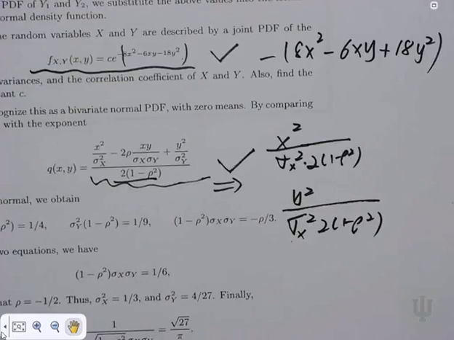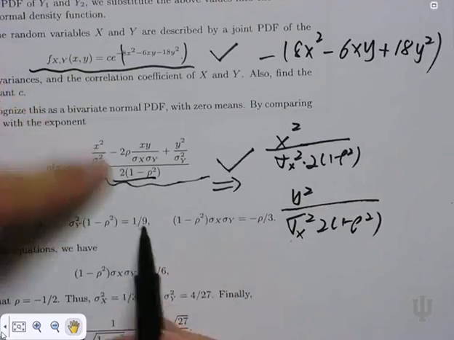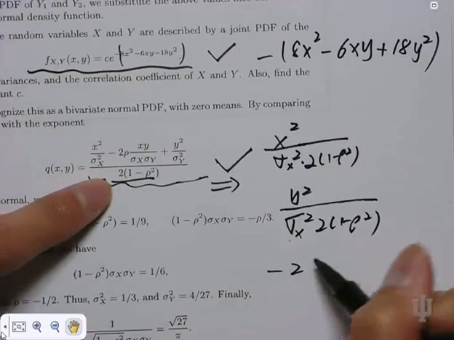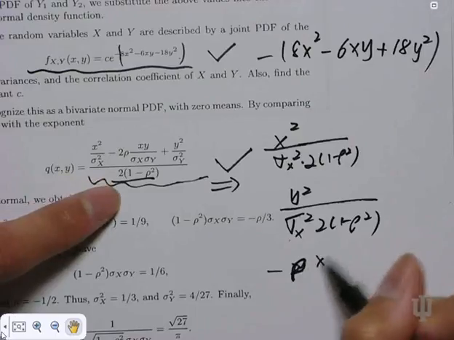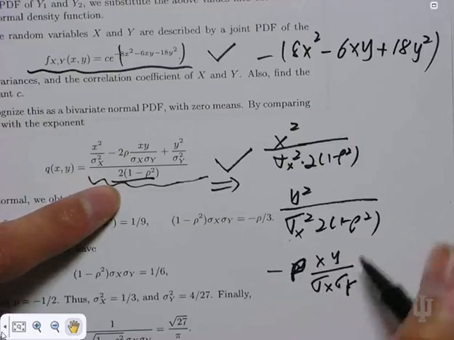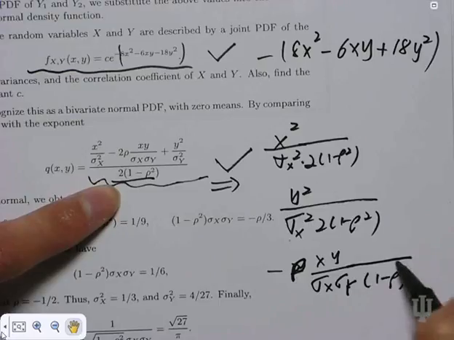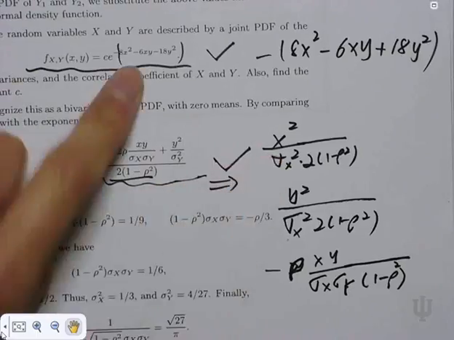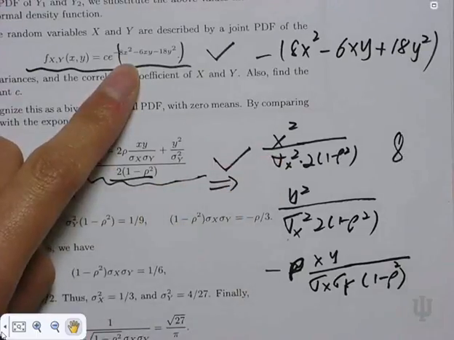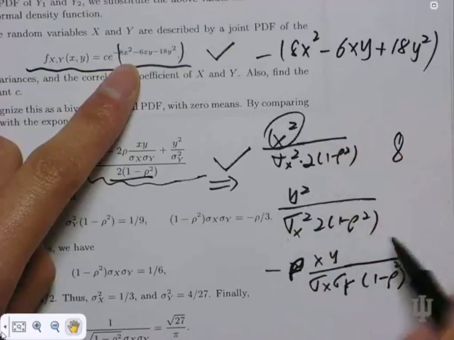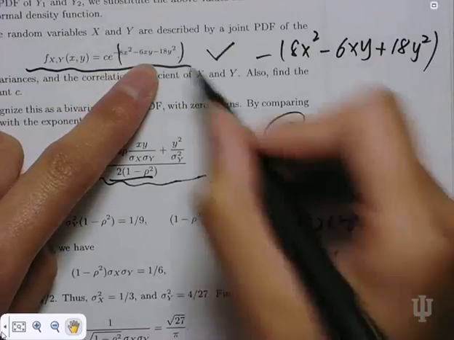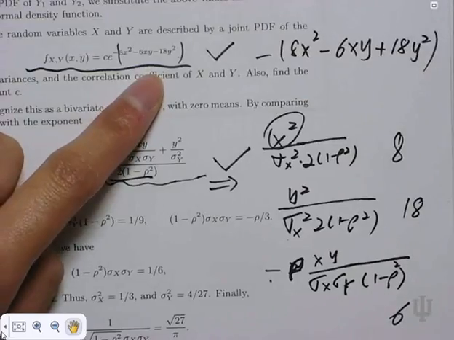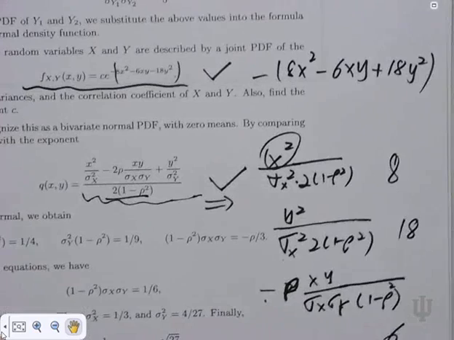You agree? This is this part over this part, and the middle part is 2 cancelled, right? So x, y, 0, 1, 0 square, right? Am I right? This is 8 here. This is 18, yes, and this is 6. It's minus there, right? So that's very good.